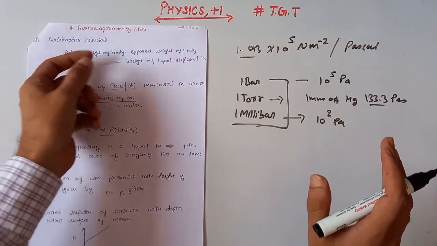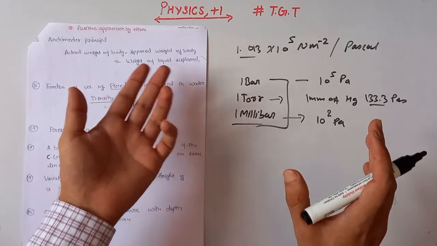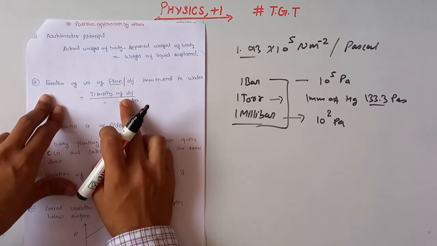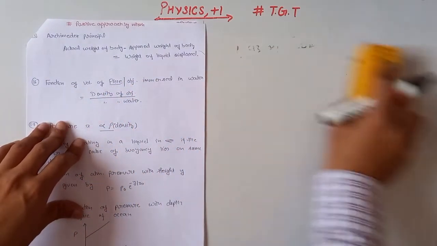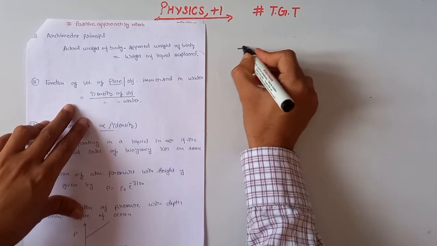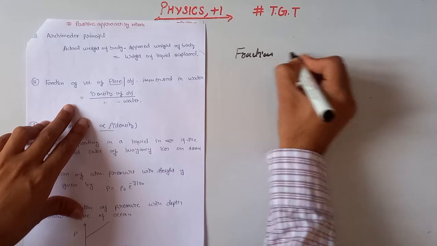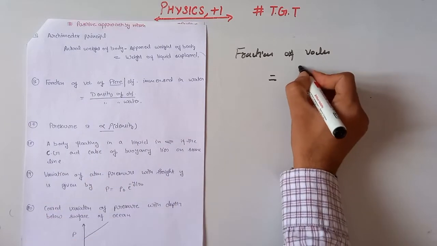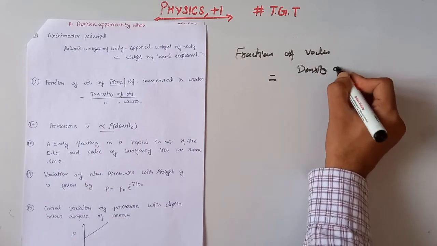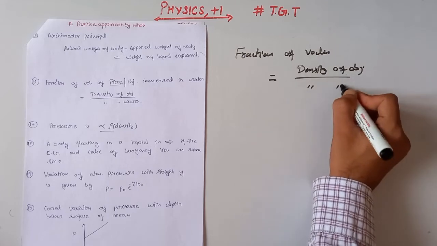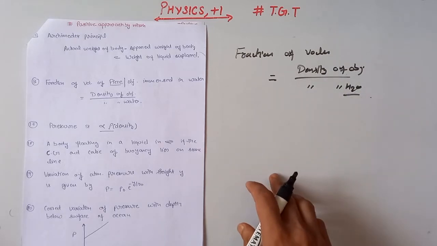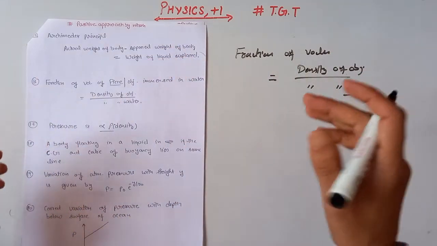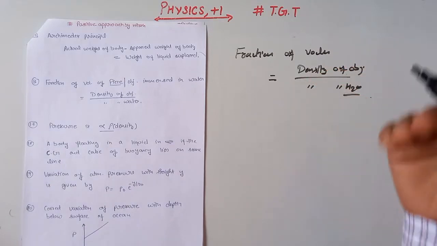The fraction of volume of any object that is immersed in water is equal to the density of the object to the density of water. By knowing this value, we can easily calculate the fraction of the piece that is immersed in water, and also the fraction that is outside of water.